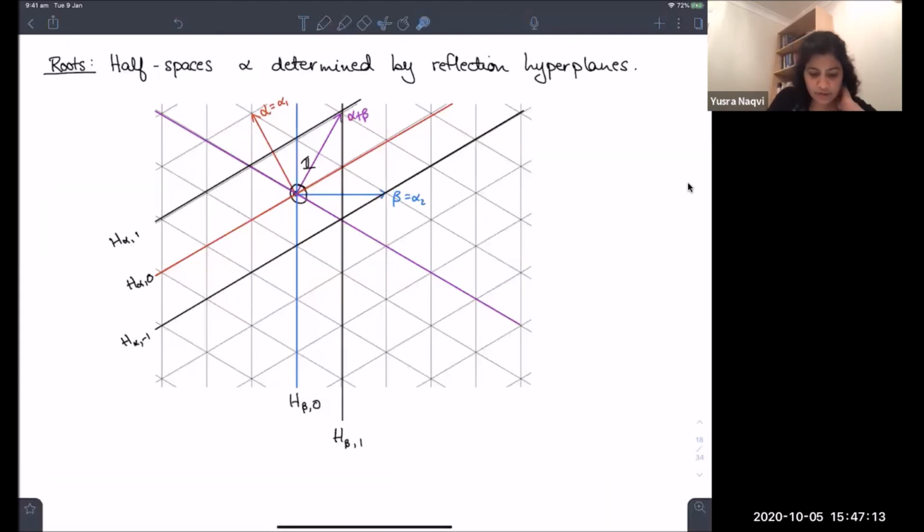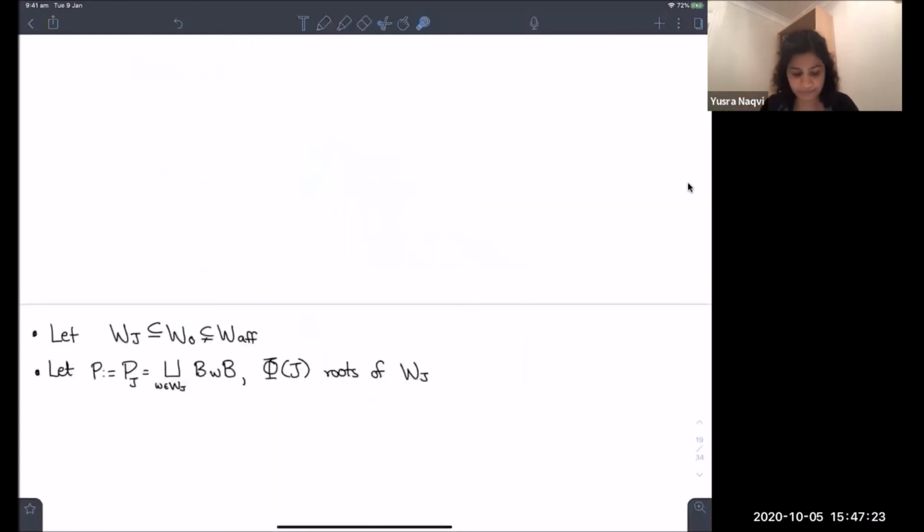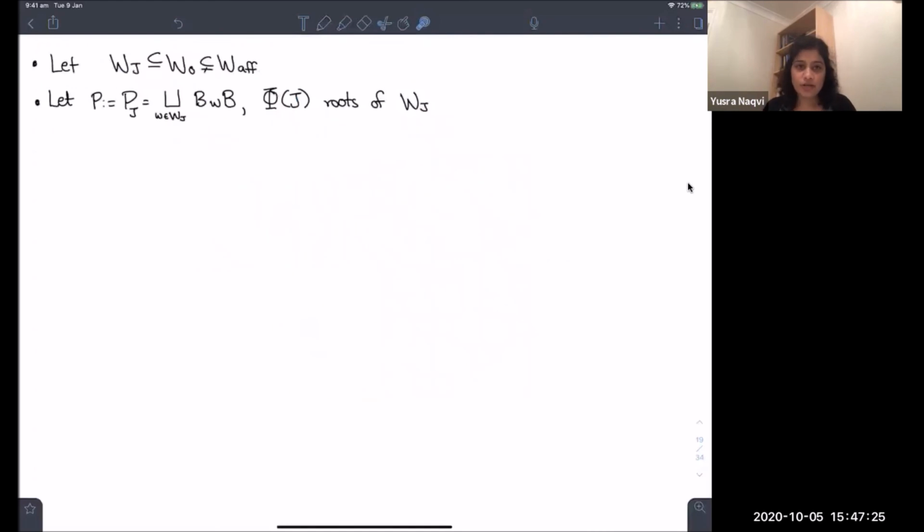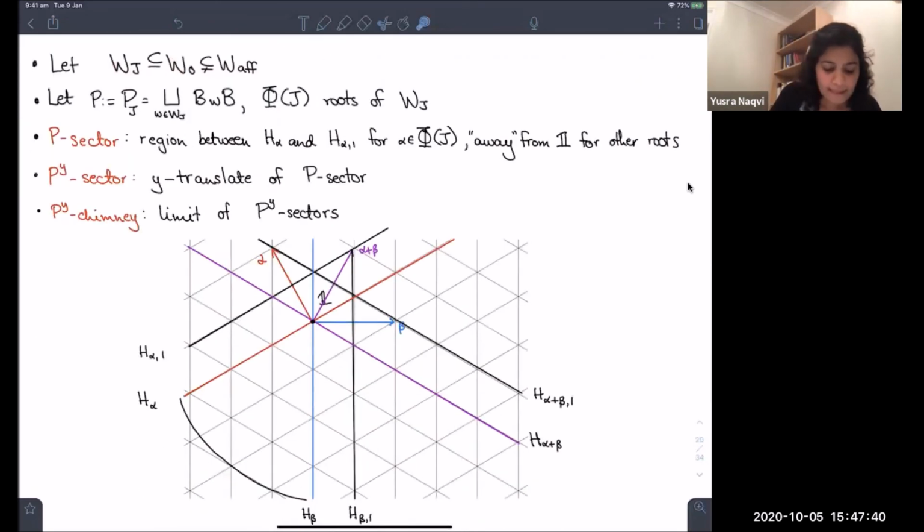Okay, so each of these hyperplanes gives me some affine root on one side, and then I have negatives of it on the other side. And so the orientation that I want, going back to the fact that each of my P's over here comes from some subset inside the Weyl group, means I'm looking at some subset of these roots. I can use this to define a P sector.